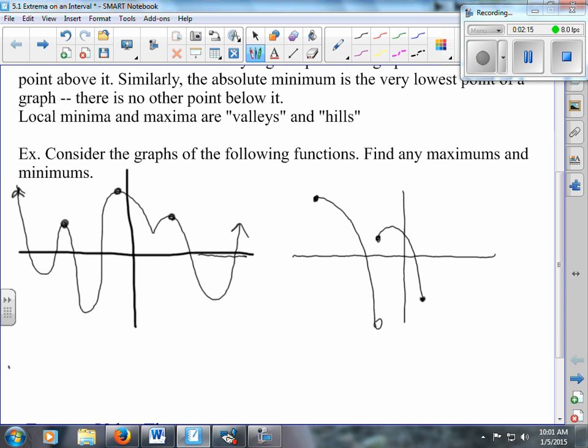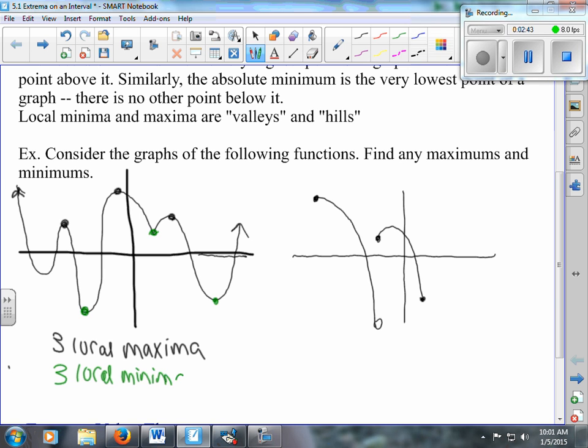So I have three local maximums or maxima, three local maxima. Also, I have three local minimums. I'm going to put those in green. 1, 2, 3.